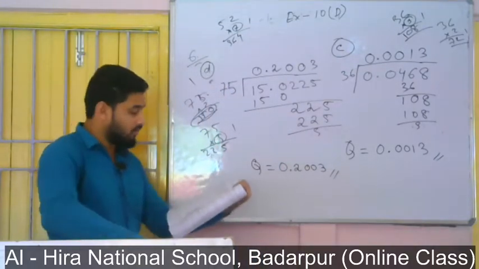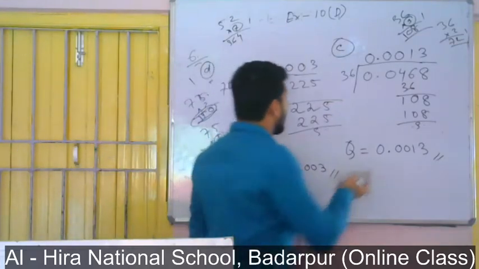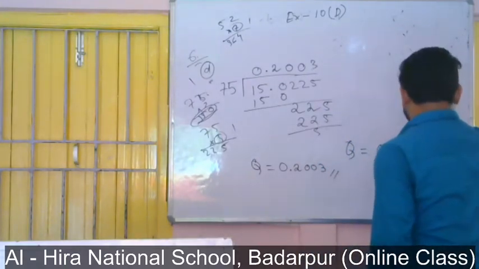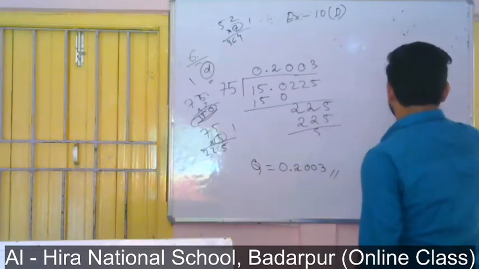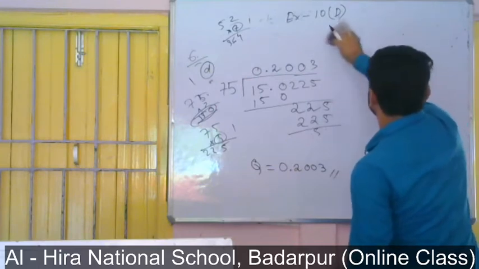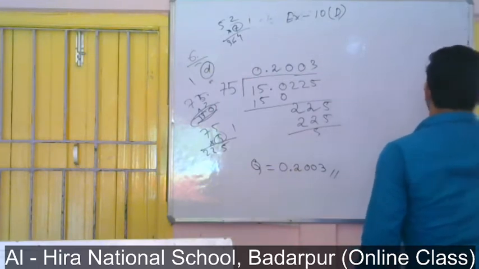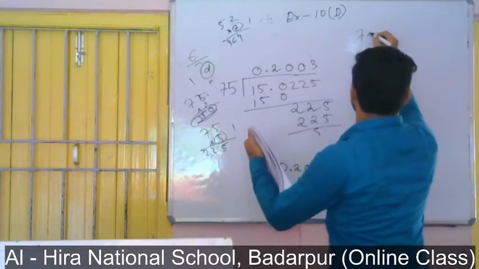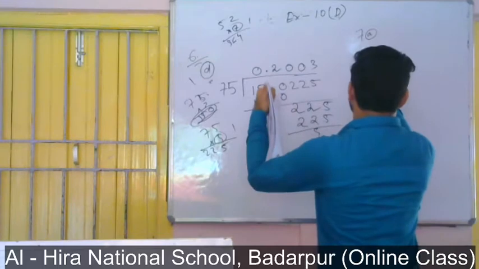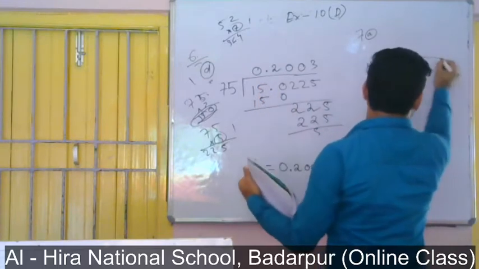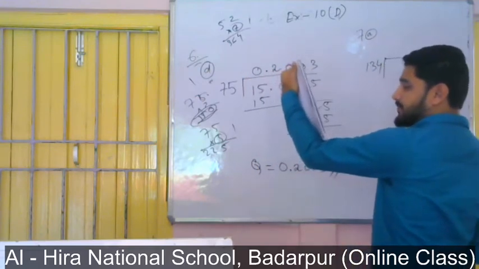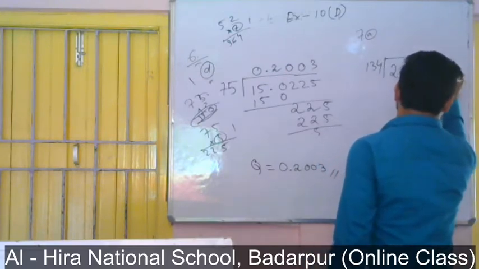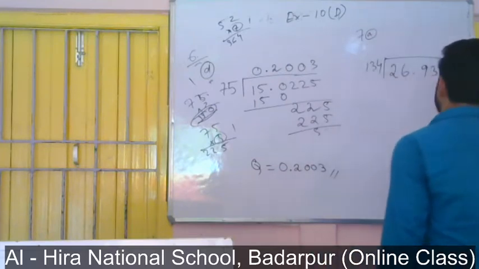Now come to question number 7a. Divisor is 134 and dividend is 26.934.